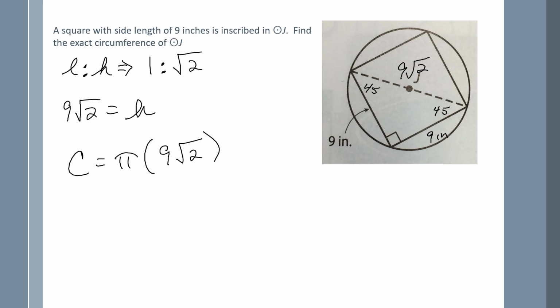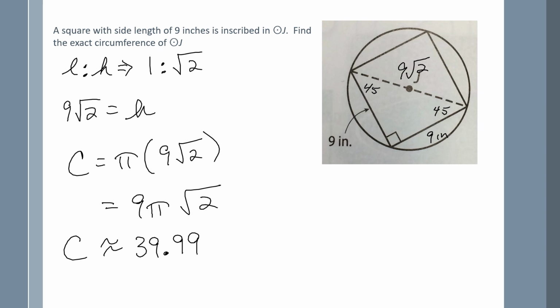That's not the exact circumference I'm giving you. The exact circumference would be 9 pi square root of 2. The approximate circumference rounded to the nearest hundredth would be 39.99.